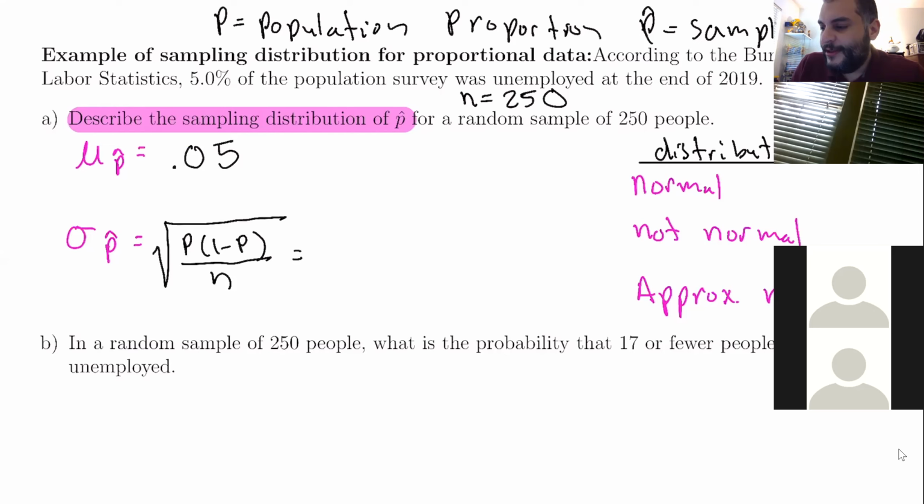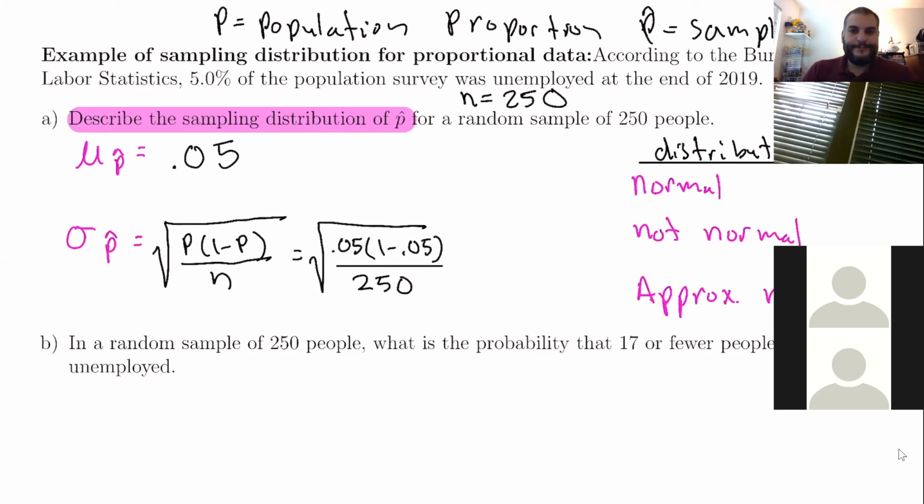So we're gonna do the square root of p, which is 0.05, times 1 minus 0.05, and you're gonna divide this by n, which we found to be 250. Everybody good on how I substituted into that formula?